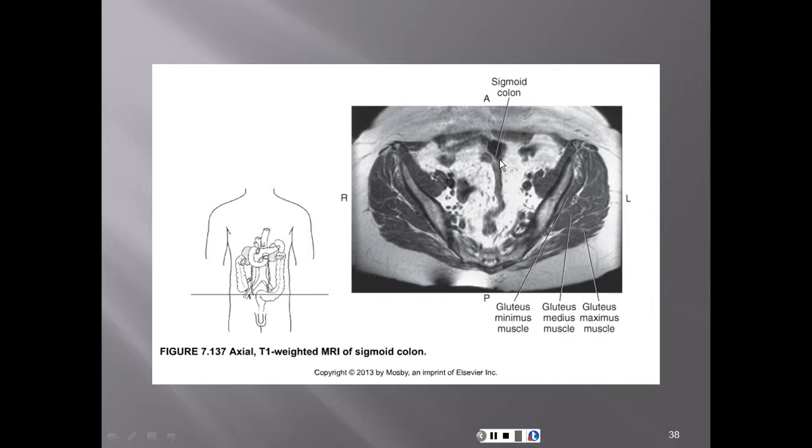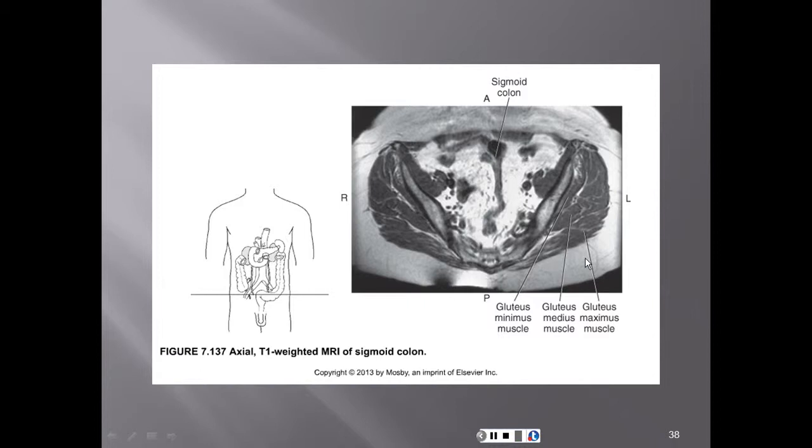Axial T1 weighted MRI of the sigmoid colon. Here we really don't have a decent representation of the sigmoid colon because it is extremely collapsed. This is intra-abdominal fat.